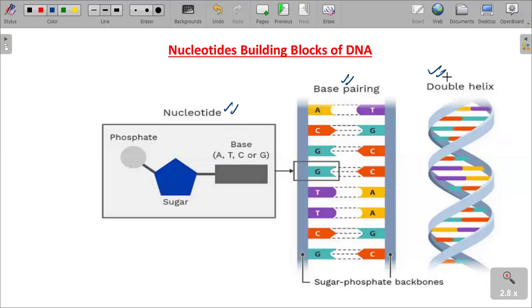For those who have done life science before, for those who have met and revised, gone through some previous question papers, I'm sure you are able to join the dots on what is drawn on the board right now without wasting your time. This is what we are going to discuss in this presentation, everything well explained and articulated.